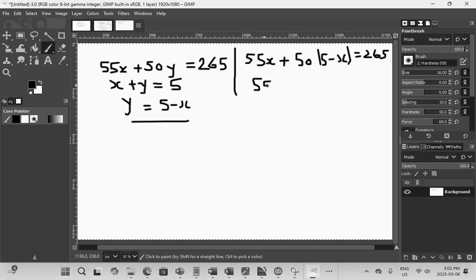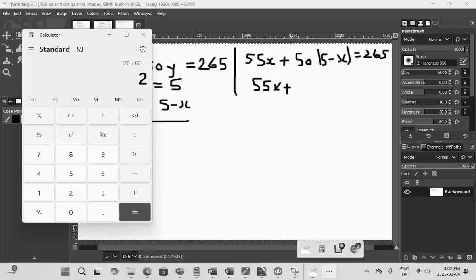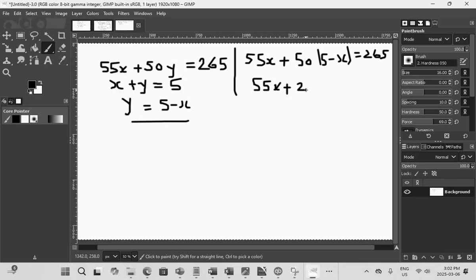So this will be 55x plus 50 into 5, which is 250, minus 50x, equals 265. So 55 take away 50, this will be 5x equals 265 subtract 250.